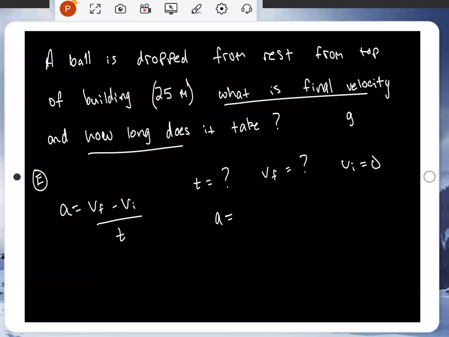Oh, okay. Always and forever. What is that value? A is negative 9.8 meters per second squared. Yes. Good. Is there anything else?